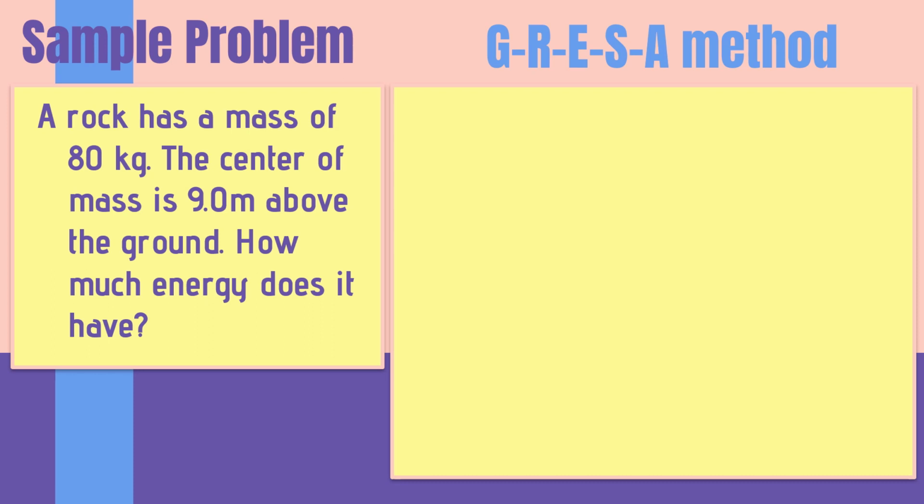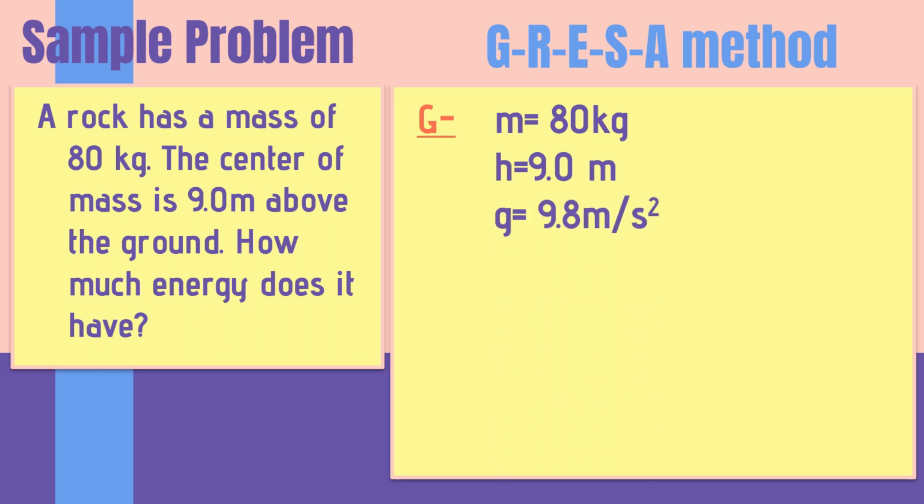Let us find out what are the given values in the problem. The first one is the mass of 80 kilograms. The next one is the height of 9.0 meters. And the next one is the constant value of gravity, which is 9.8 meters per second squared.